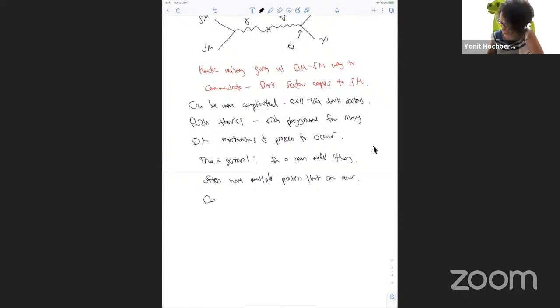Then depending on the relative size of these different things, you might get realizations of different mechanisms that control the abundance. I'd call these different phases of the theories.